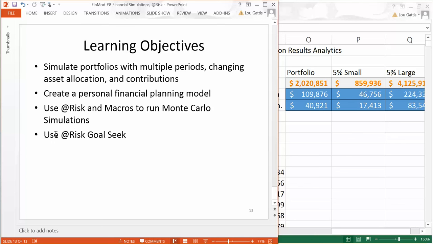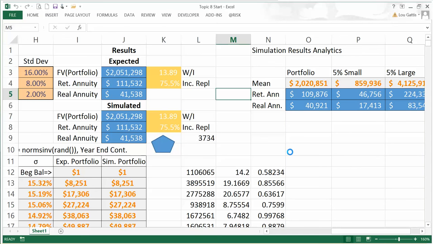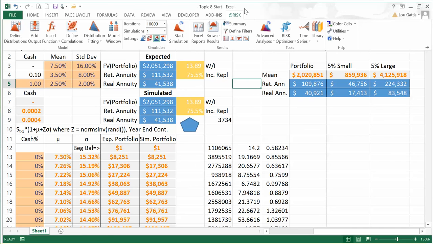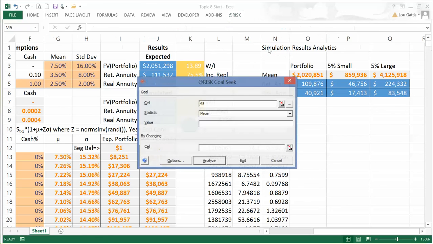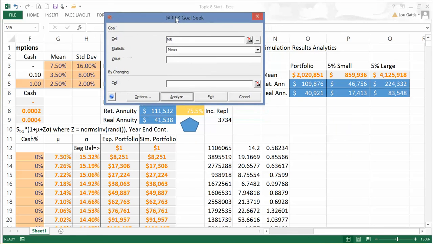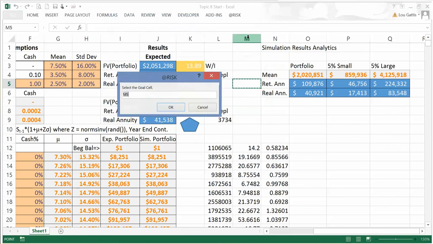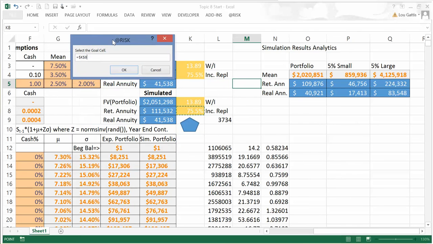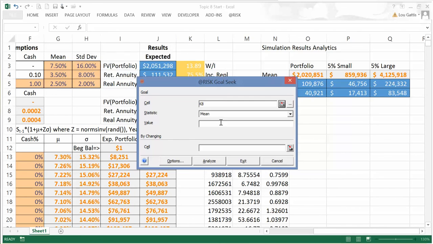And the last thing I want to show you is using Goal Seek in @risk. In @risk, you can also do a Goal Seek, just like you do in Excel, kind of like a Solver. Under Advanced Analysis, Goal Seek, we could set our simulated income replacement rate to a value of, say, 0.6, by changing savings rate.